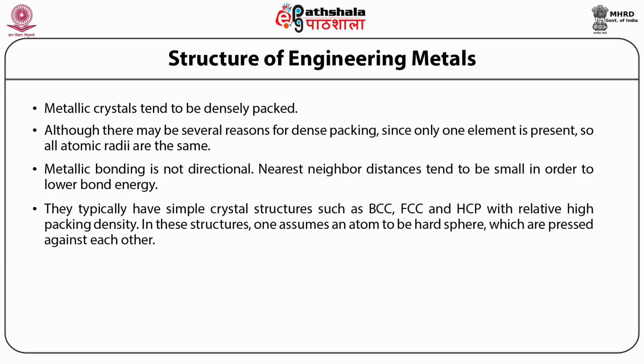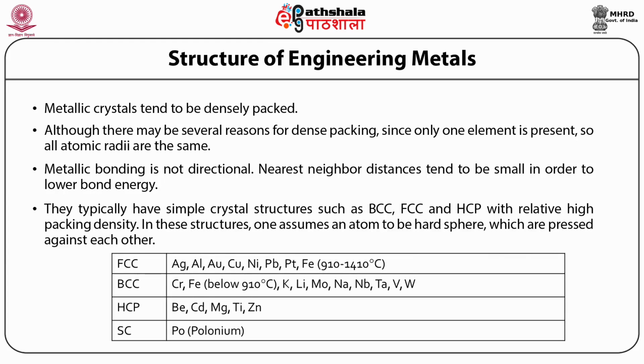They typically have simple crystal structures such as BCC, FCC, and HCP with relatively high packing density. In these structures, one assumes an atom to be a hard sphere, pressed against each other. Most engineering metals and their alloys follow the simple structures which are shown in the table.